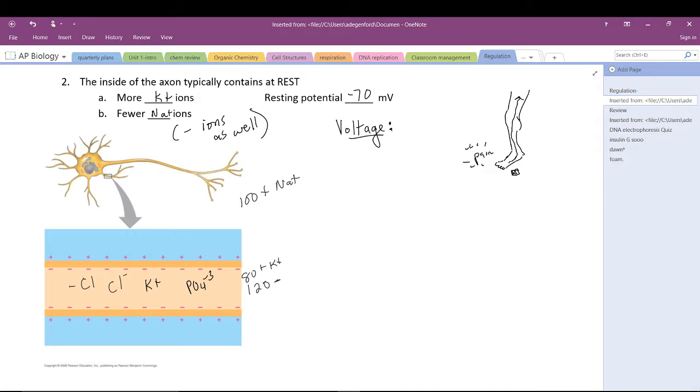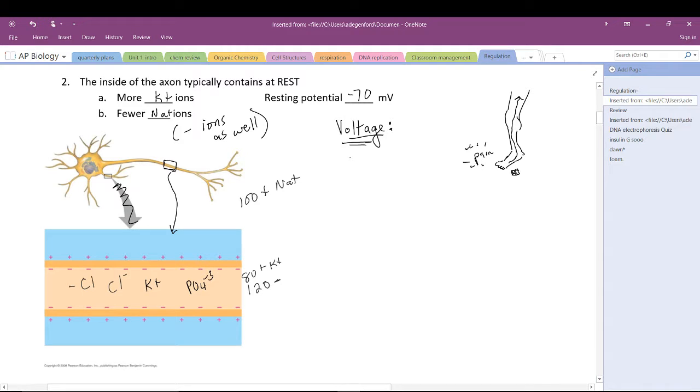And what we want to look at is how we are sending the signal. So to do that, we need to understand a couple of electrical terms. One is going to be voltage, and then the other one's going to be current. So let's establish some things. First of all, if we take a look at the axon, the inside of the axon has some very, very unique combinations of ions.